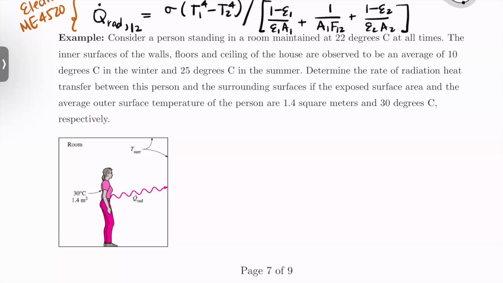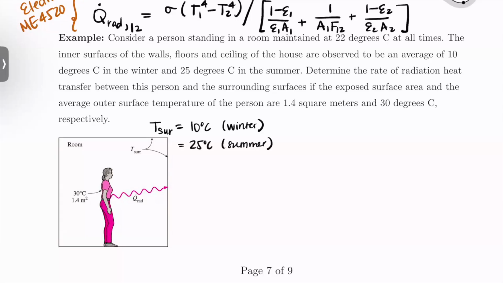Okay? So let's annotate this little figure here with what we're given. Our surroundings are 10 degrees in winter and 25 degrees in the summer. So essentially we're going to solve this problem twice, once for summer conditions and once for winter conditions.